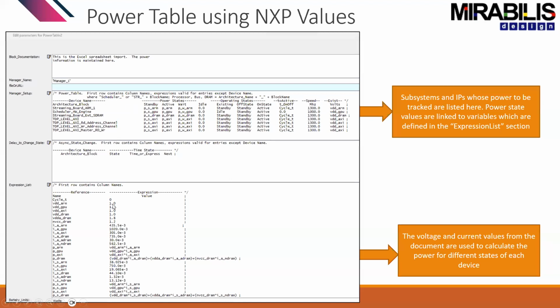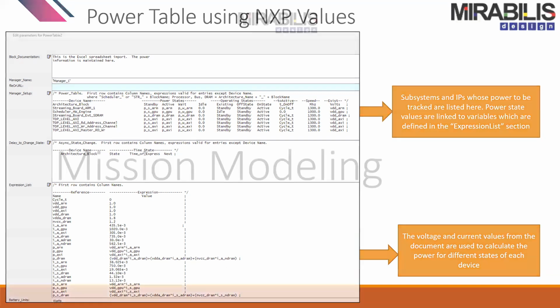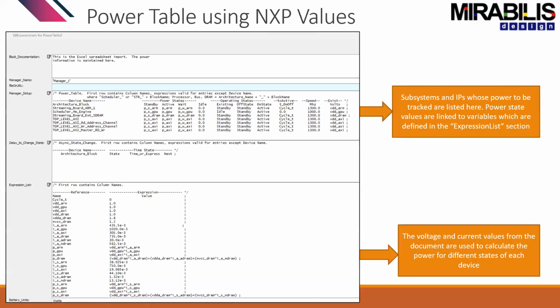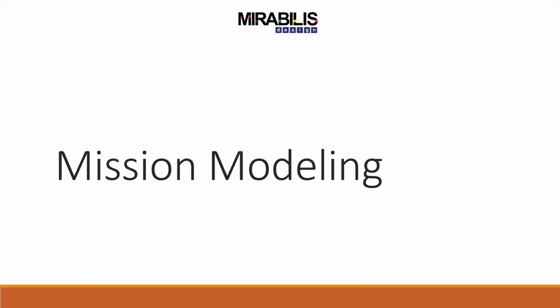So right from your manager setup to the expressions, you can incorporate the power for the devices, IPs or components in your system, into that power table. Now, once you're done with this, you have something where you can evaluate power for a particular existing system, or for something you're acquiring as third-party IP.